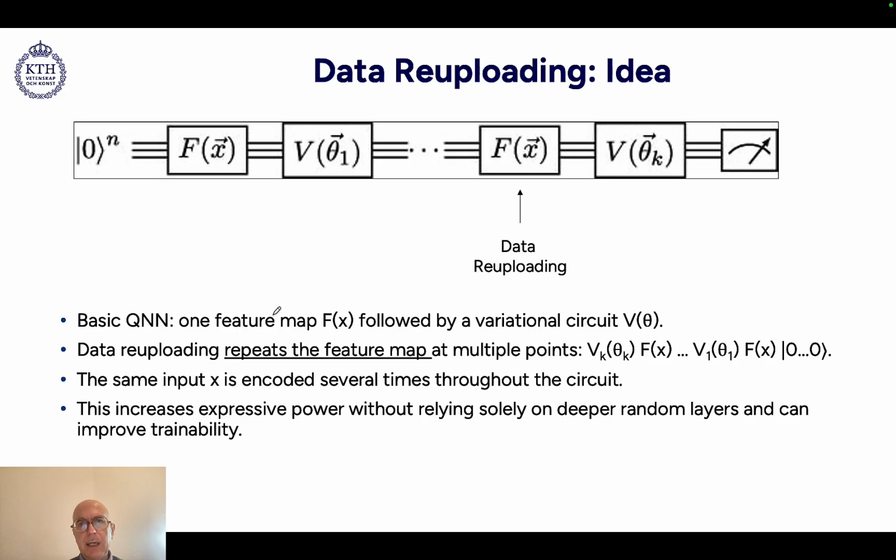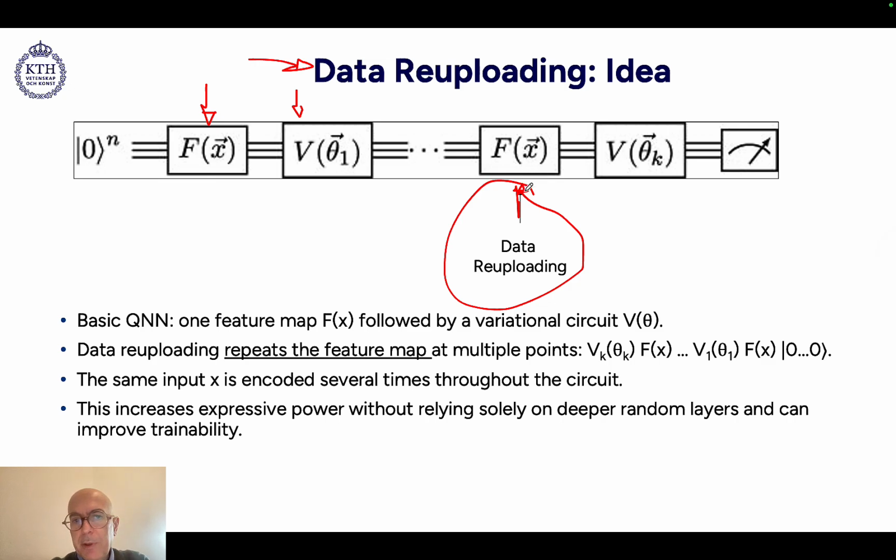In order to overcome this problem, there is a major technique called data reuploading, which consists of inserting again some feature map after the variational quantum circuit. So typically we have an initial feature map and then a variational circuit. What we can do is, before another variational quantum circuit, repeat the data encoding in the quantum circuit.